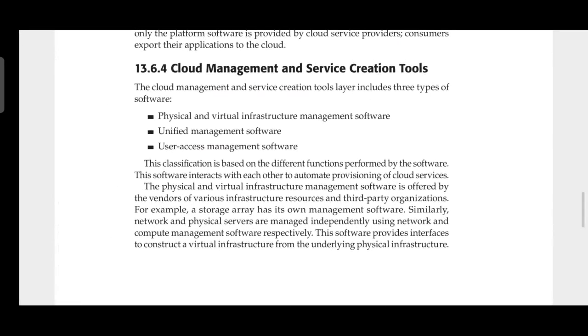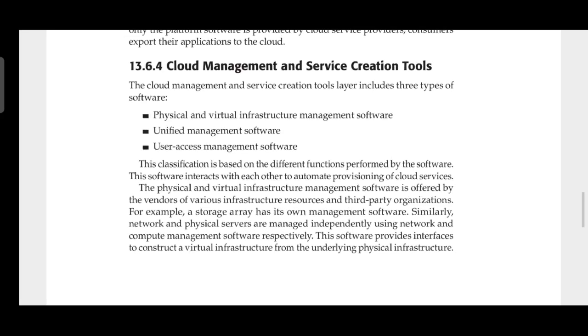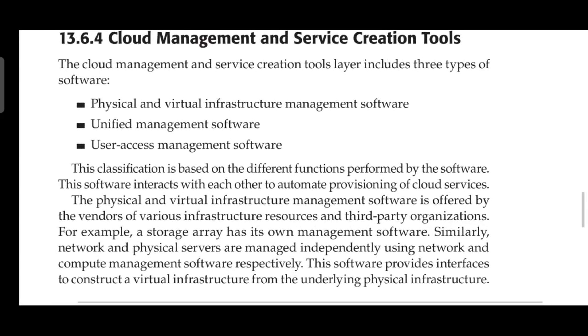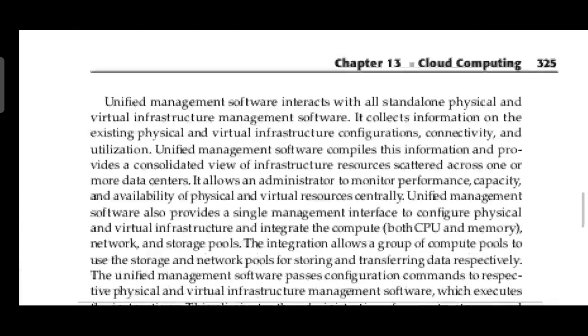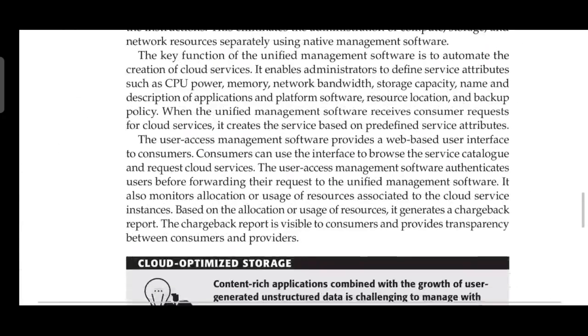Under cloud management and service creation tools, we have physical and virtual infrastructure management software, unified management software as well as user access management software. This tool is nothing but software, drivers and so on, a set of components used to manage the physical and virtual infrastructures.